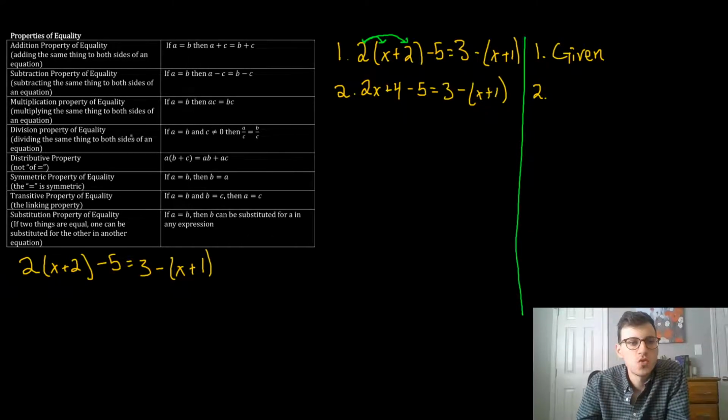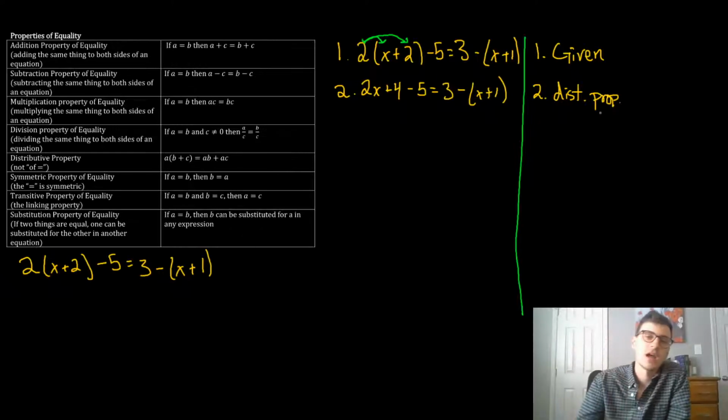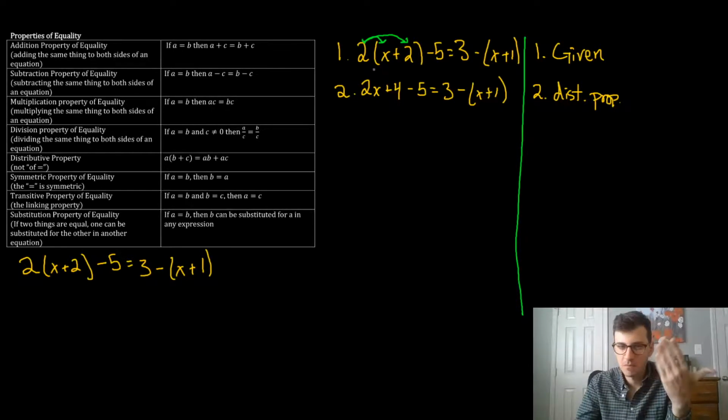We used the distributive property. So on my right-hand side, I'll just write distributive property. Shorthand's okay with me, I don't mind it. Okay, and you don't have to draw these arrows in between your steps. I just did that so that you can see what I'm doing.